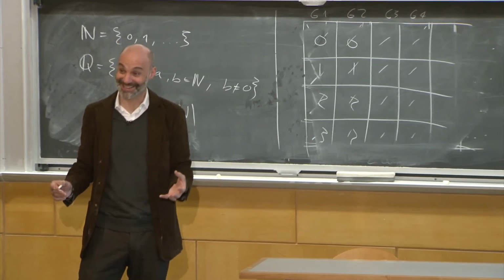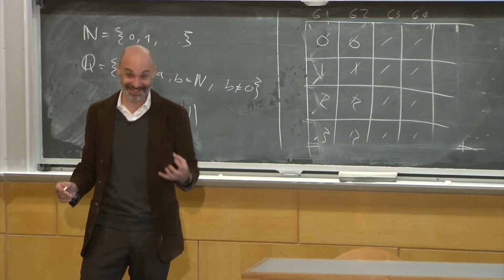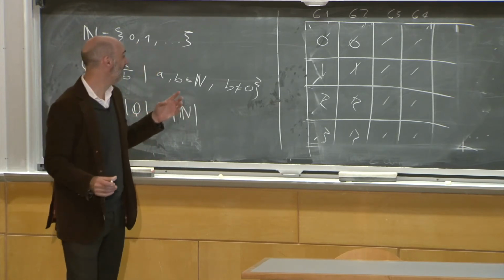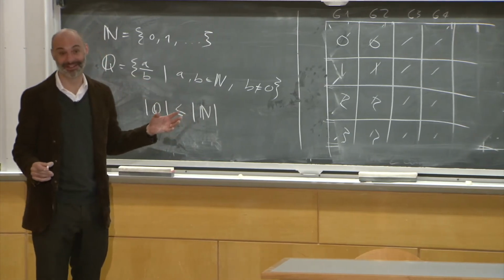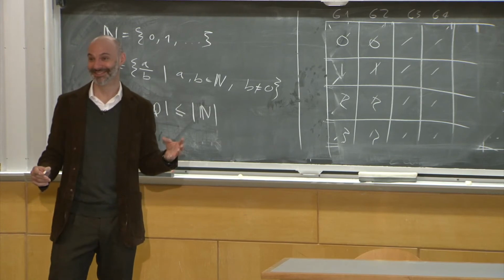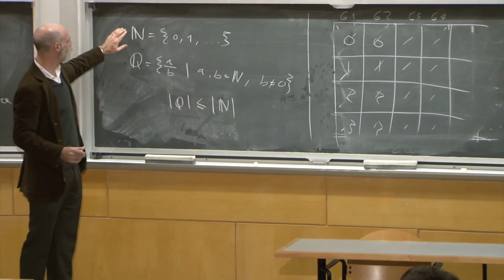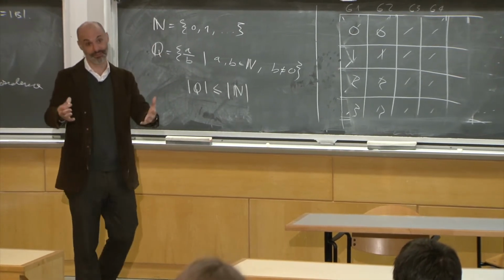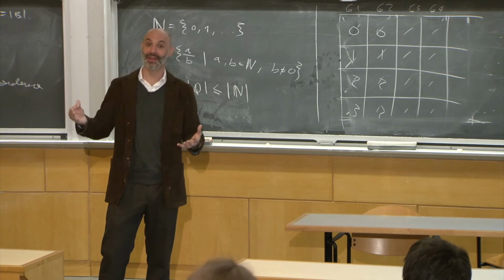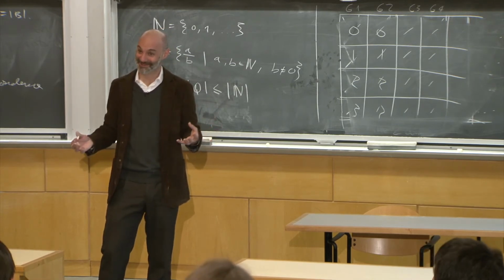But it turns out that that is not correct. OK, so the next thing we're going to prove is that there are more real numbers than natural numbers. And because the natural numbers and the rational numbers are in fact of the same size, it follows from that result that there are also more real numbers than rational numbers.